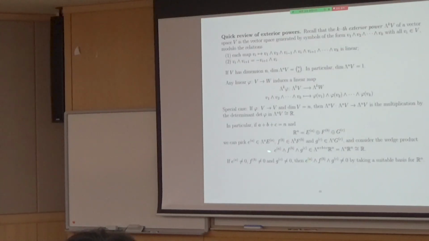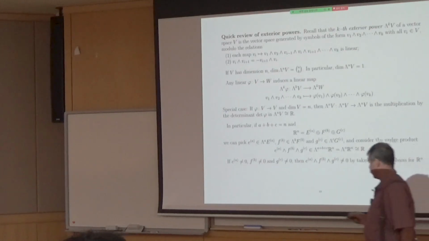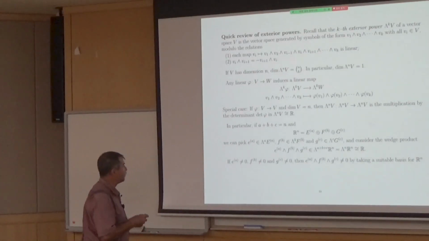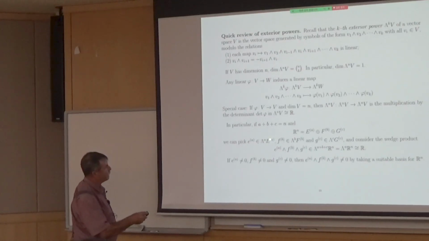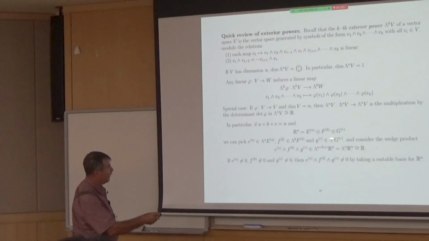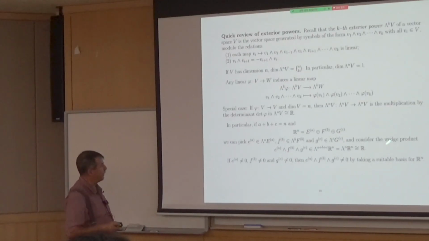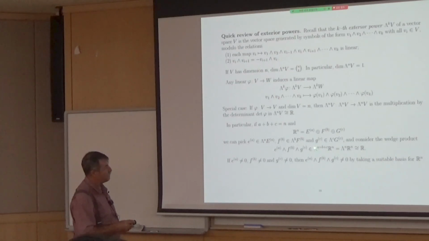And so if I pick a vector in this a-th exterior power of the a-dimensional space E, and then another element in the b-th exterior power of the space of dimension b, and same thing here, I can take their wedge product, and I can interpret that as a wedge product in Rn, whose dimension is a plus b plus c, which is exactly n.